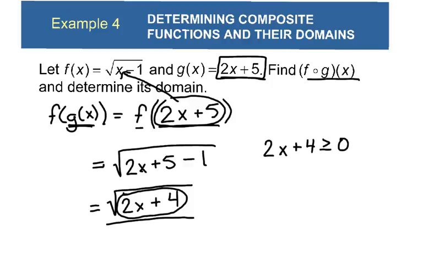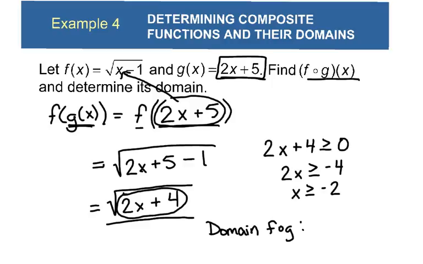Now, y'all know how to solve inequalities. Solve this by subtracting 4 on both sides, divide 2 from both sides to get x by itself. We get x greater than or equal to negative 2. Now change that inequality into interval notation, and that there is our domain for our f of g of x.